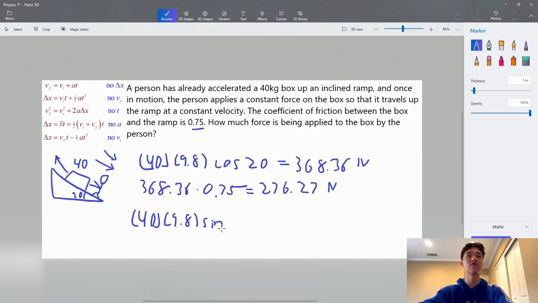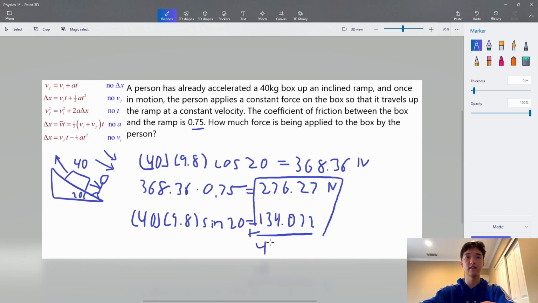But this time it's just sine of 20, which is going to be equal to 134.072. So we just need to add these bad boys together, and that is going to get us approximately 410 newtons.